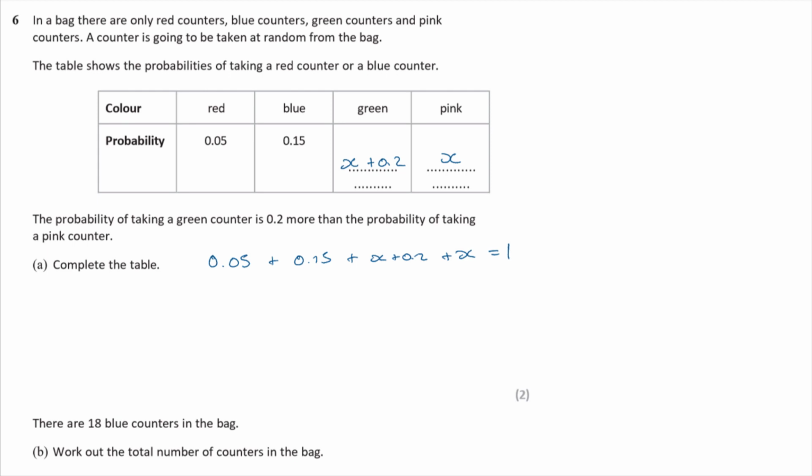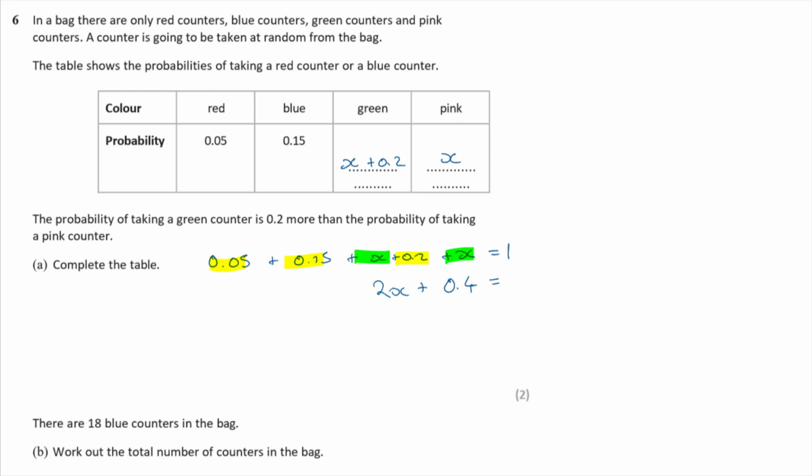Okay, so I've got 3 numbery bits and I've got 2 algebraic bits. The x plus x is just 2x, isn't it? What do all the numbery bits add up to? 0.2 plus 0.15 is 0.35, plus 0.05 is 0.4, isn't it?